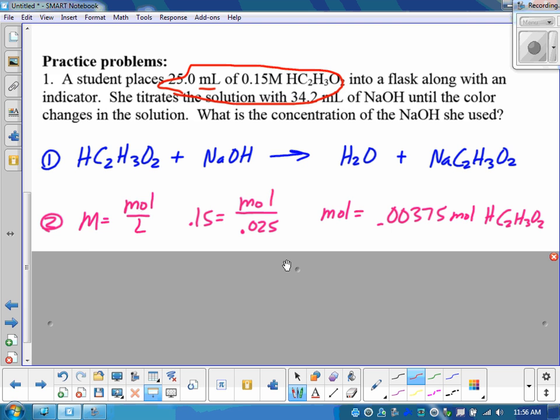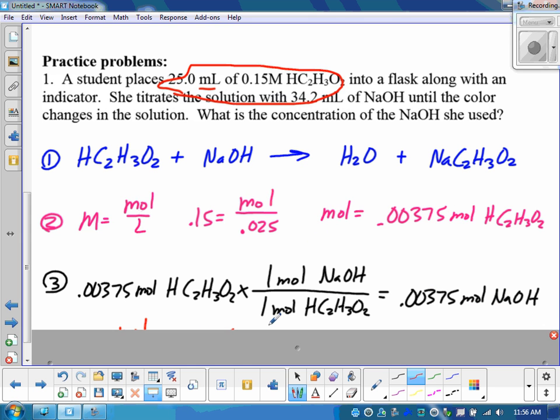Well, how many hydroxide ions do I need to neutralize? Well, I want the exact same amount. So I'm going to do a mole conversion. Now in this case, the reason why it's a 1-to-1 ratio is because for every 1 of our acid, we need 1 of our base to produce one water molecule and one of our salts.